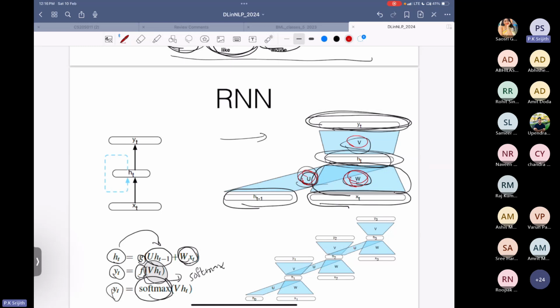So it can naturally deal with arbitrary length sentences. But the moment you make this U, W, V dependent on time t at which you are looking at the input, then it may be difficult for the RNN to deal with arbitrary length sentences.